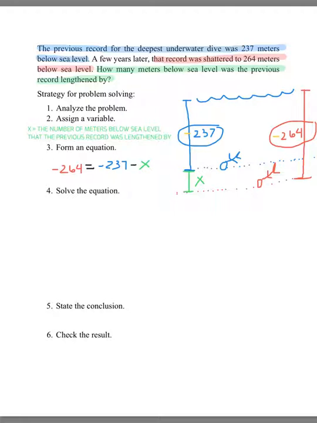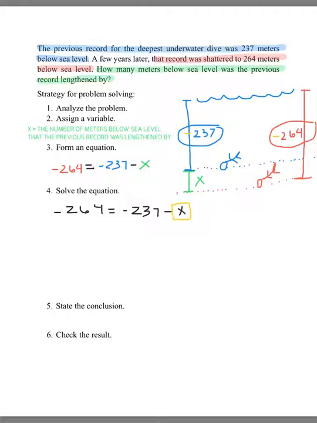So now let us go ahead and solve our equation. Again, when solving, you want to start off with the original equation found in step 3. So we're going to start off with negative 264 equals negative 237 minus x. Now the goal is we want to get the x completely by itself.